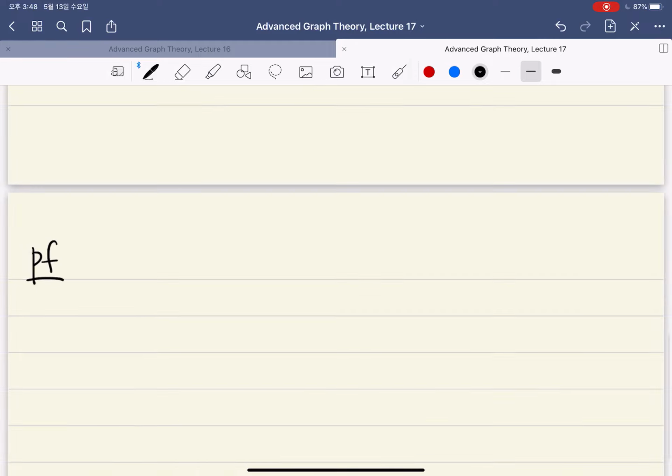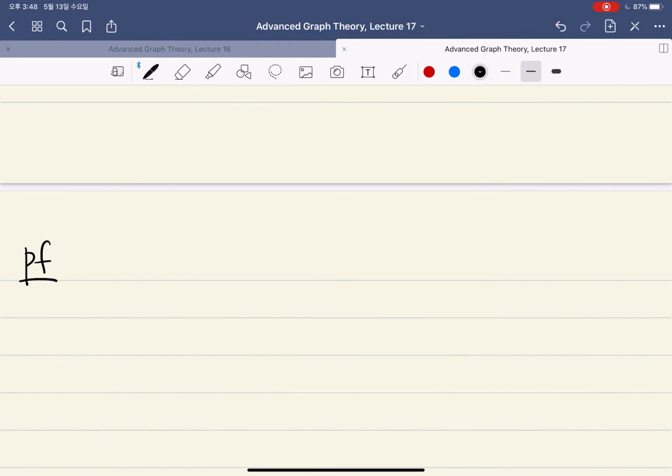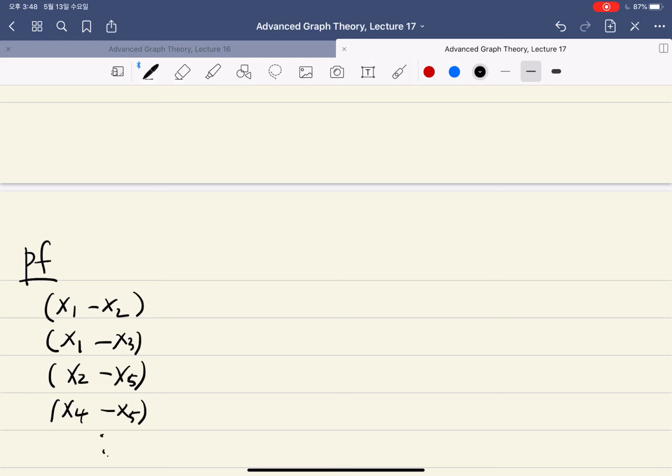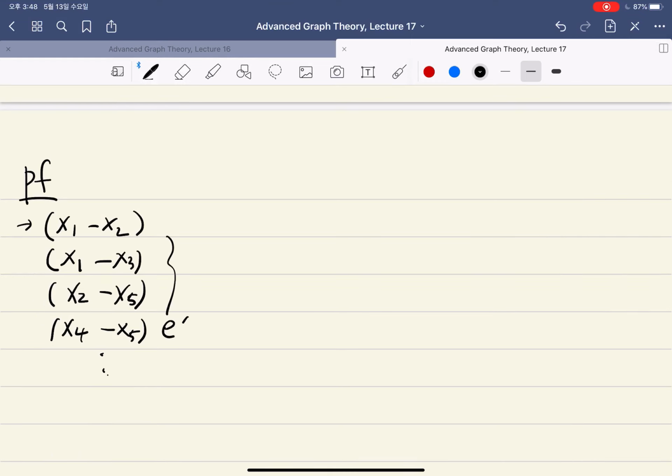The proof is actually simple. We know that the polynomial is homogeneous because you have factors like xi minus xj, for example x1 minus x3, x2 minus x5, x4 minus x5, and so on. Each one of them is homogeneous of degree 1. And how many terms are there? There are as many terms as there are edges.